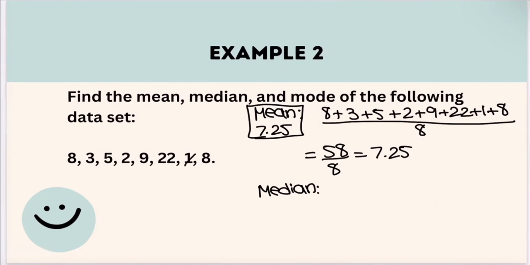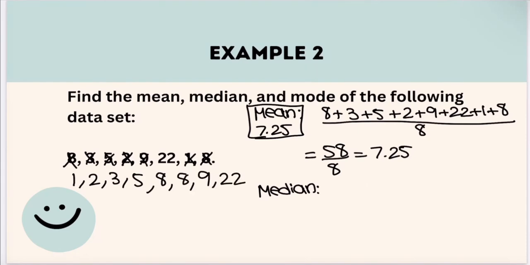So the smallest is 1, the second smallest is 2, then 3, then 5, then 8, then 8, then 9, and then 22. Oh, whoa, 22 is pretty big. Okay. And I'm going to just check that that's still 8 numbers, just to make sure I didn't miss any, which it is, so that's good.